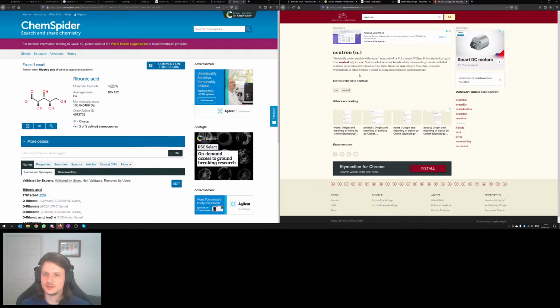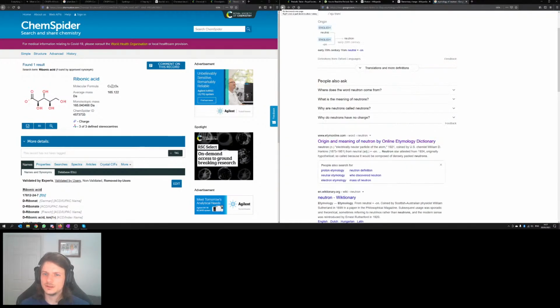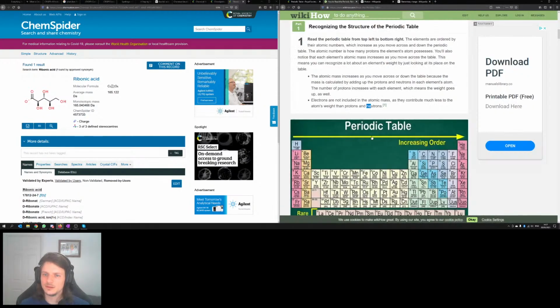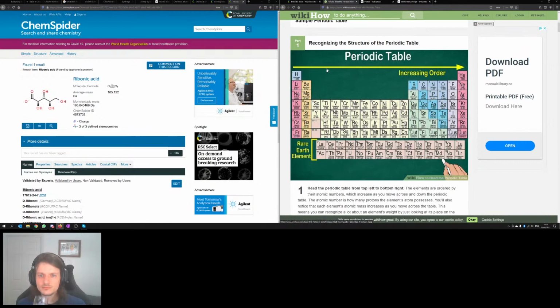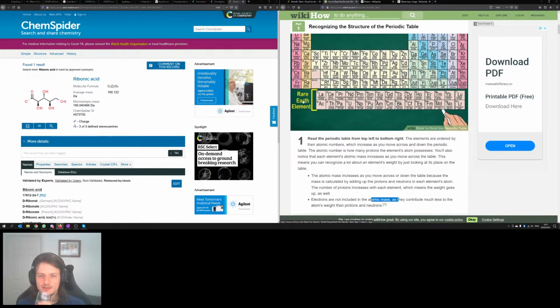Okay, cool. So electrons are not included in the atomic mass as they contribute much less to the atom's weight than protons and neutrons. So increasing order, and then rare earth elements, okay.